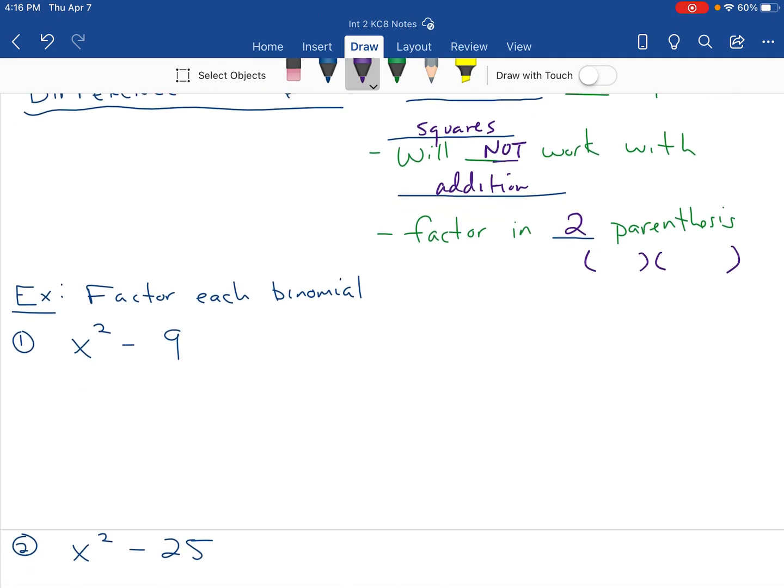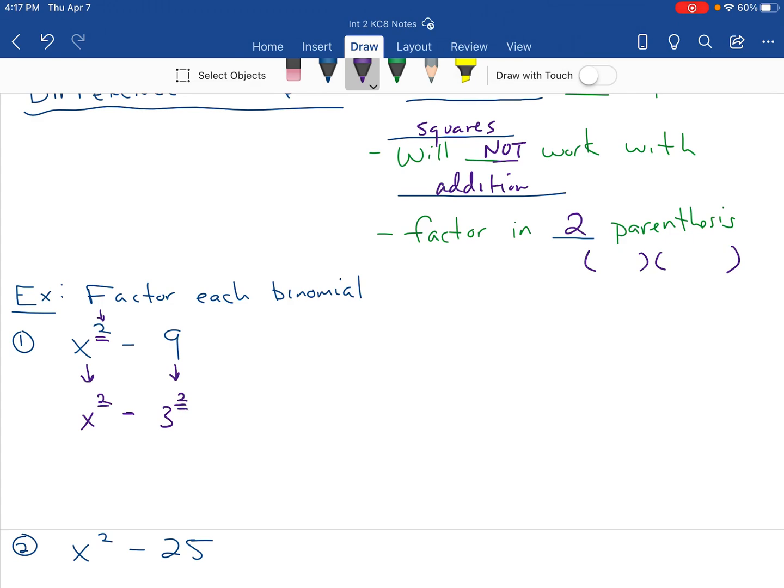So, for example, I have to factor each binomial. What I want to do is think about my perfect squares. This is already a perfect square because x is squared. That's what you want. So x squared, I'm just going to rewrite. I'm going to bring down my minus sign. Now I want to think about 9: what number squared will give me 9? Well, the answer to that is 3. 3 squared is 9.